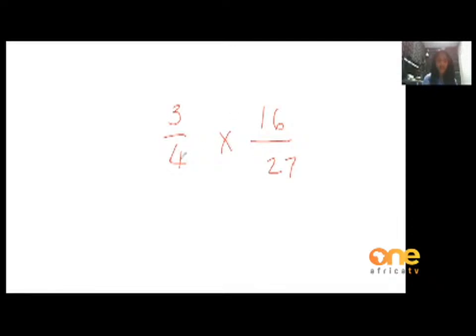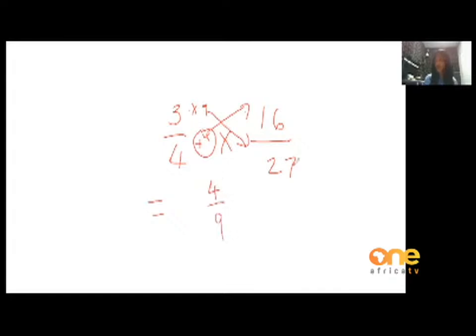We say 4 times 4 is going to give me 16, yeah? And 3 times what is going to give me 27? 3 times 9 is going to give me 27. Therefore, to work this out, my answer will be 4 over 9.